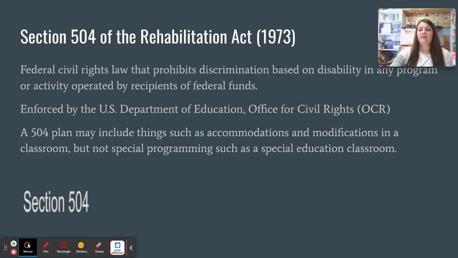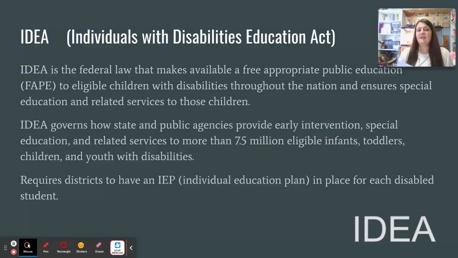So next up we have IDEA, which is the Individuals with Disabilities Education Act. Here we see it is a federal law that makes available a free, appropriate public education to eligible children with disabilities throughout the nation, and ensures special education and related services to those children.